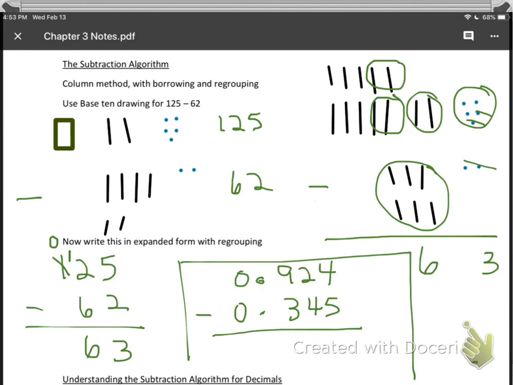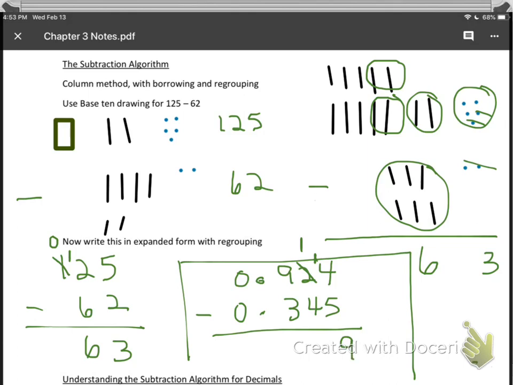I'm beginning on the right, and I say 4 minus 5 I cannot do. Come over, borrow from the 2. That becomes a 1, and I borrow 10 ones. So now I have 14 minus 5, which I can do, and that's 9.